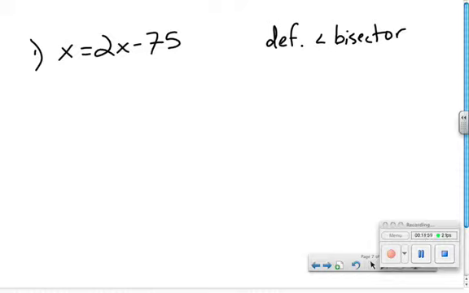What would be the next step in solving this equation? Subtract what? 2x. Sure, let's subtract 2x from both sides, giving us negative x equals negative 75. And since we subtracted something from both sides, that's the subtraction property.